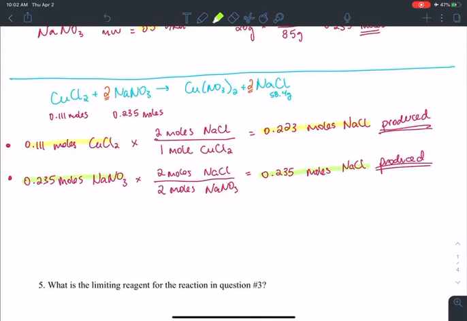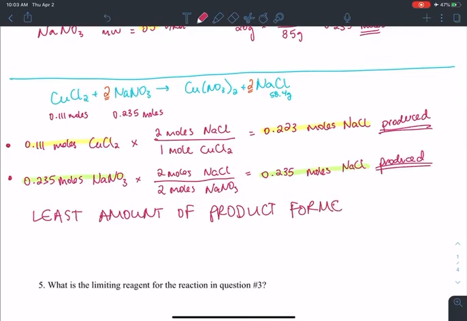So which one of those starting materials resulted in the least amount of product formed? Well, that would be the 0.111 moles of copper chloride.